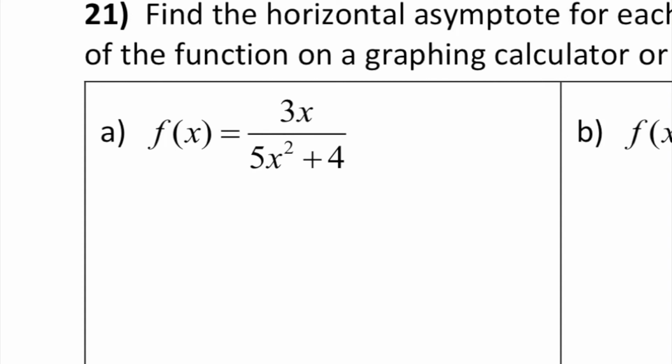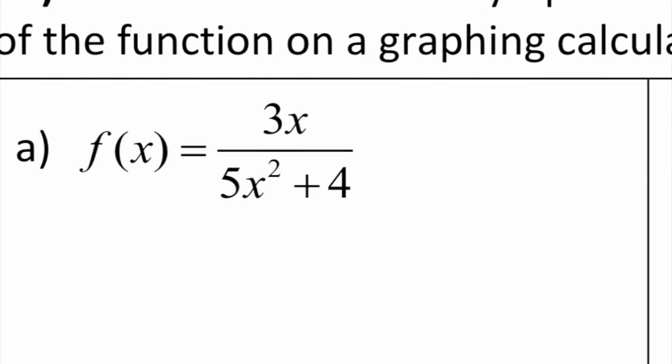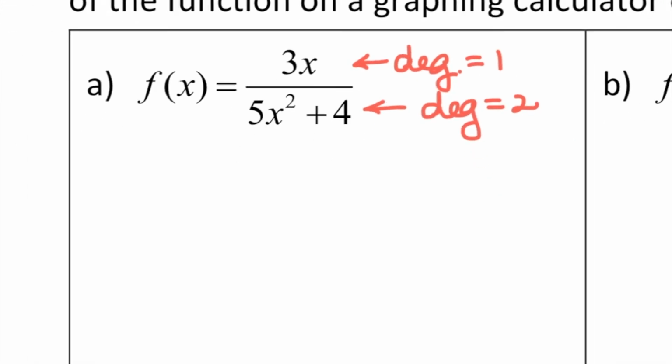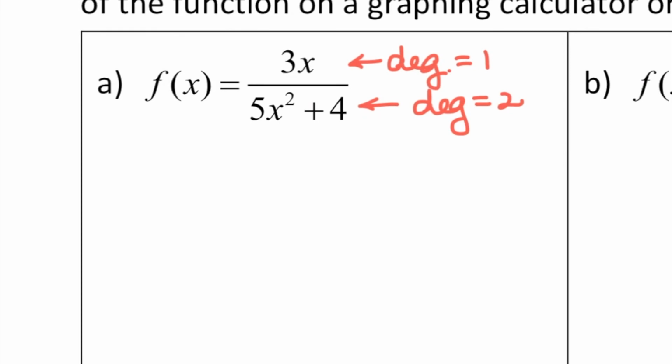That would give you a slant asymptote, and we're not covering that in this course. So here, the degree of the polynomial that's the numerator is equal to 1. And here, the degree of the denominator is equal to 2. When the degree of the numerator is less and the degree of the denominator is greater, your horizontal asymptote is y equals 0.